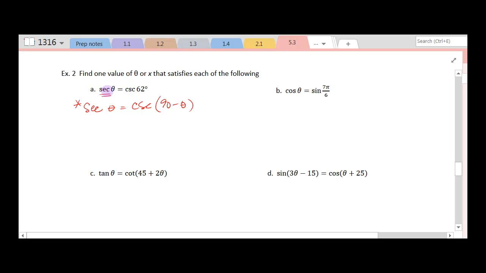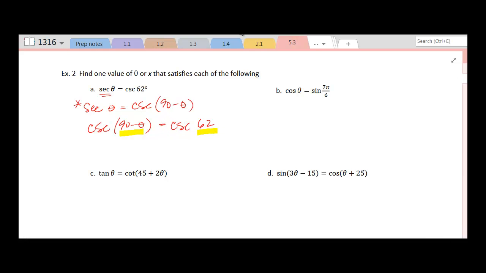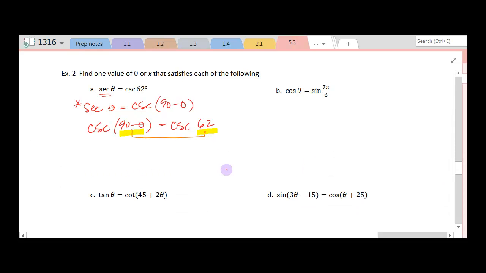So we're going to replace the left-hand side, secant theta, with the cosecant of 90 minus theta, which is equal to the right-hand side, the cosecant of 62. What that says is that if I take the cosecant of some angle, it has to be equal to the cosecant of the same angle. So we are making an equivalent statement between these two angle measurements that we can then set equal to each other and solve.